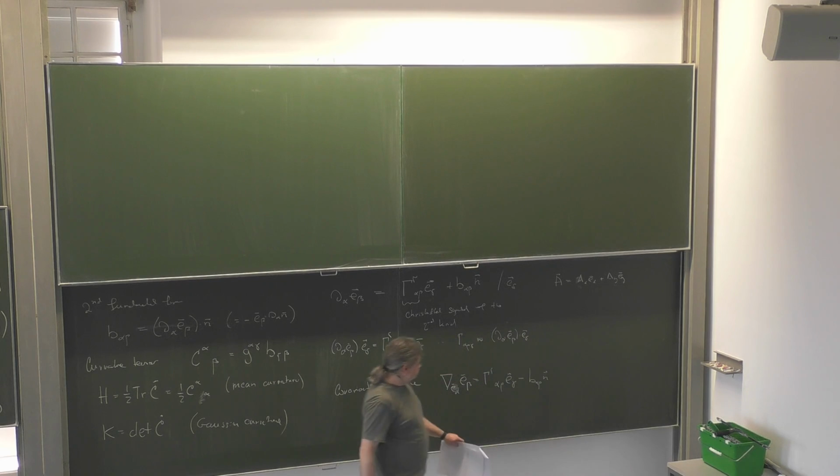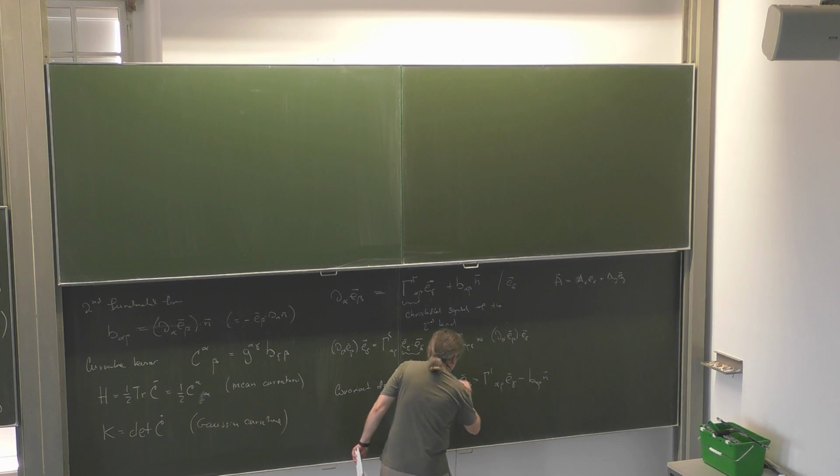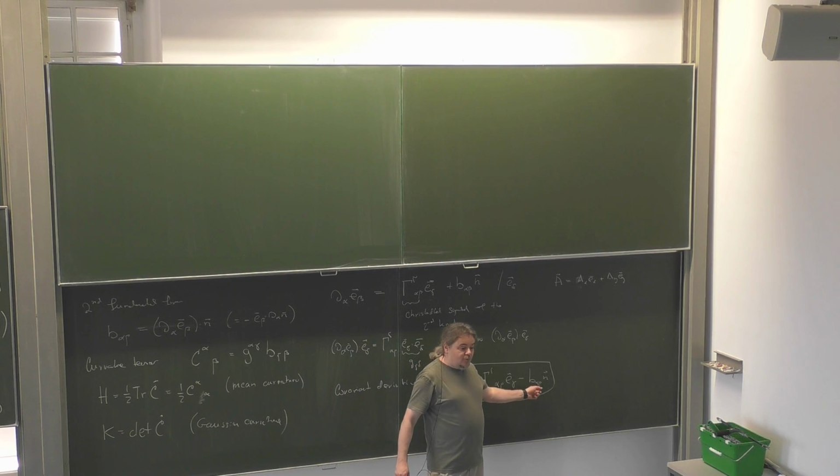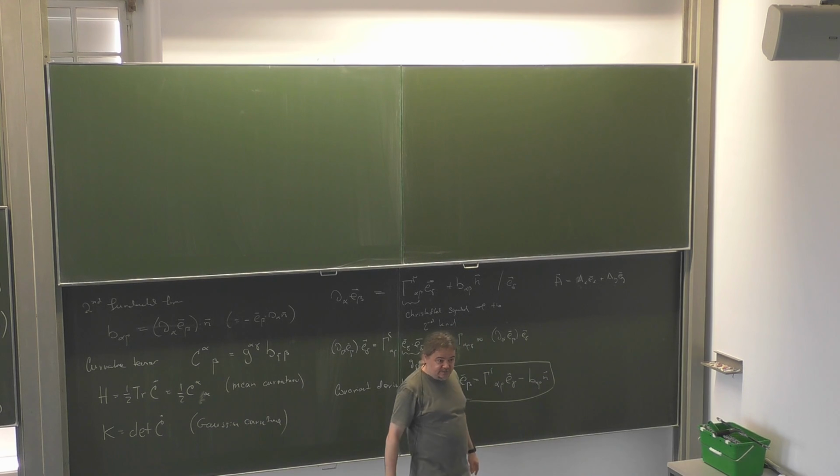So this is a covariant derivative for a basis vector. It just tells me what happens to the basis vector when I move it along the surface. And all I do is chop off the part which is sticking out of the surface. So I'm guaranteed that this guy is going to live in the tangent space next door.